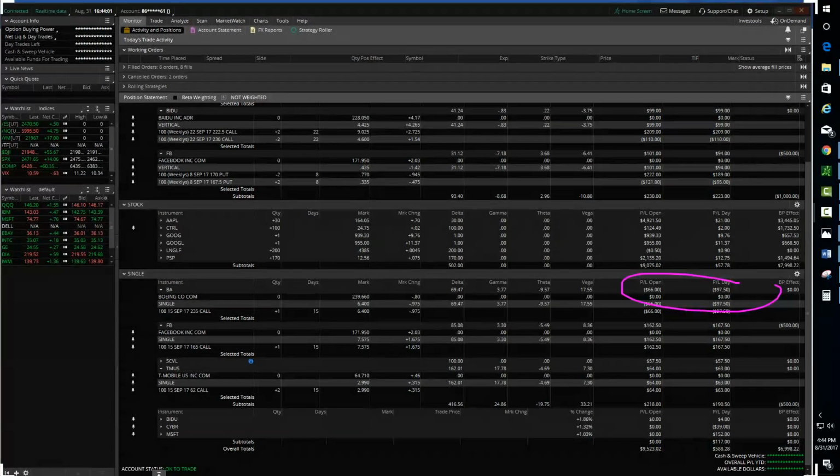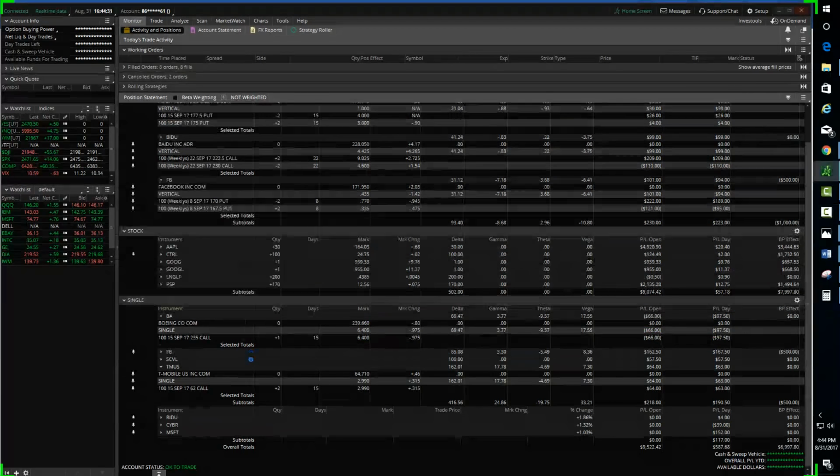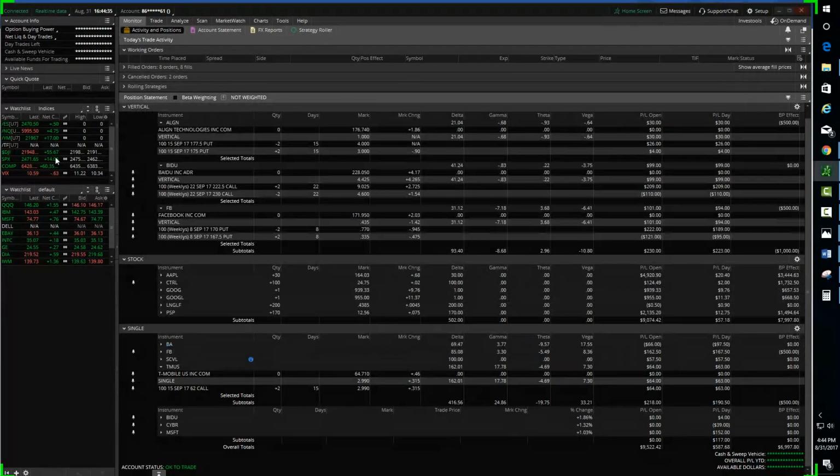I have one call that I bought for $600 and something. This Facebook call, one of them for $750. So I have more positions on than I normally do, and that's because I've been doing live trading sessions in the room and people want trades.